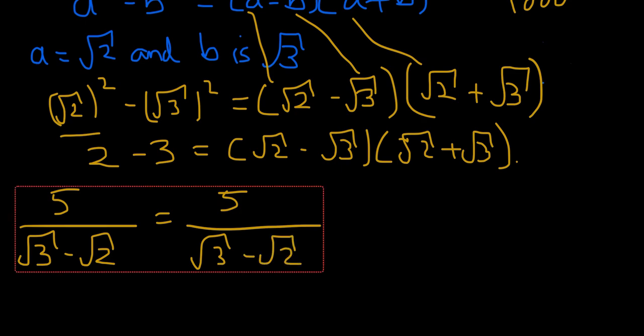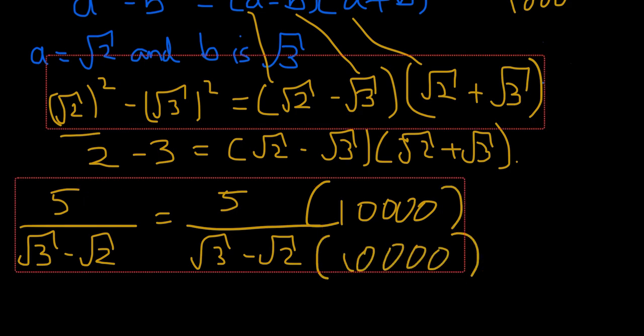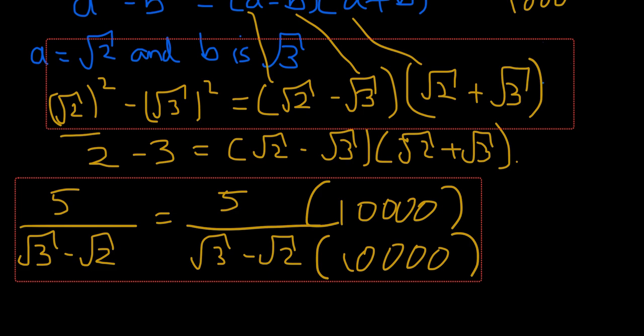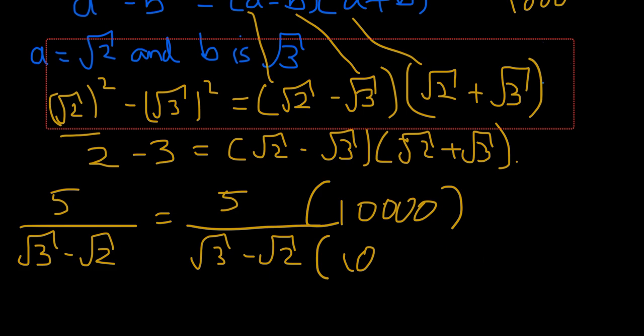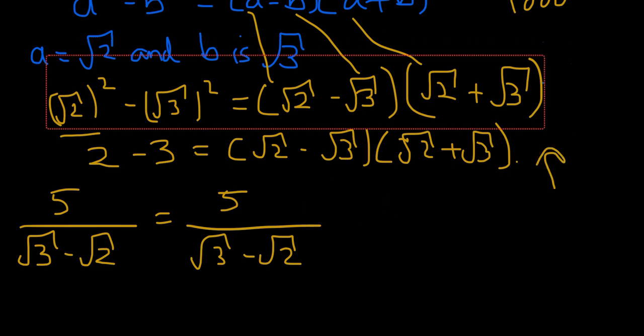Like if we multiply it by 10,000, and then we multiply the bottom also by 10,000, then these are equal. So knowing this, we could maybe multiply it by something more useful, like what we just did up here, right?